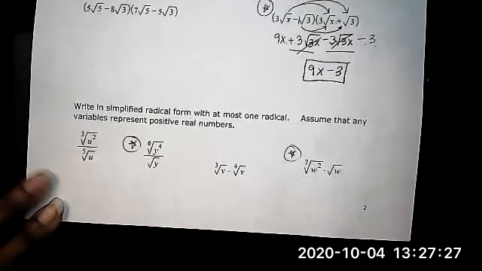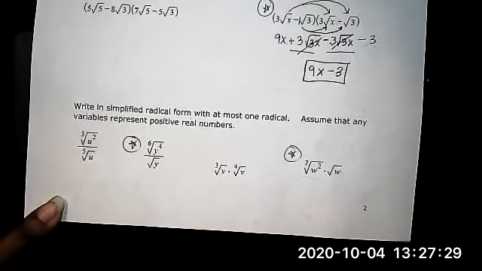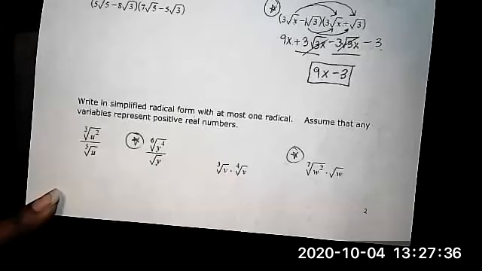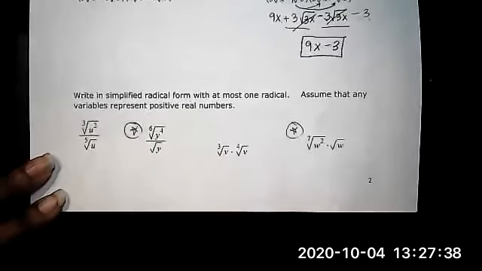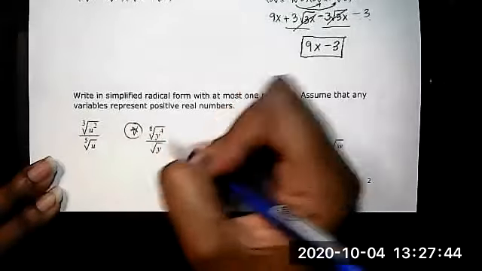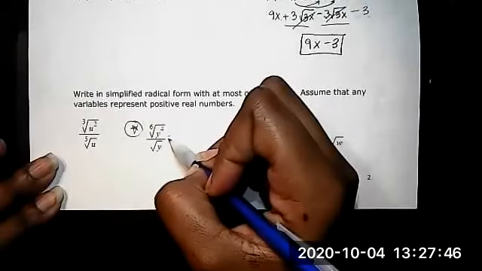All right, so write in simplified radical form with at most one radical. Assume that any variables represent positive real numbers. Now for this one, I would definitely turn it into exponential.